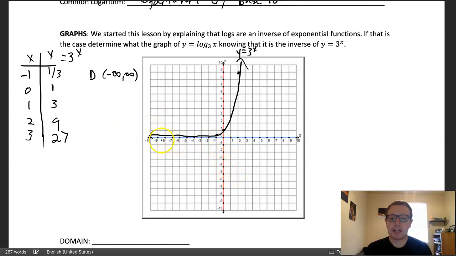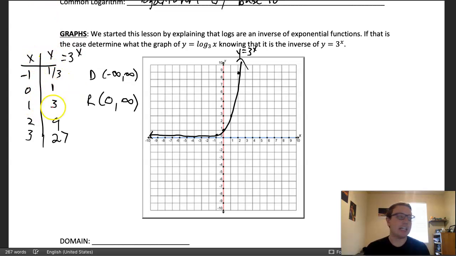And it looks like our y values don't ever touch 0, right? We have an asymptote at y is equal to 0. So our range gets super close to 0 but never touches it. And it keeps going up. So the smallest it gets is almost 0. The largest it gets is infinity. Okay, that's our domain and range of y is equal to 3 to the x.